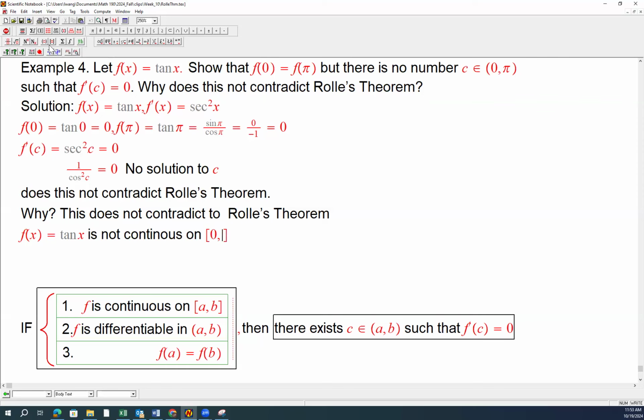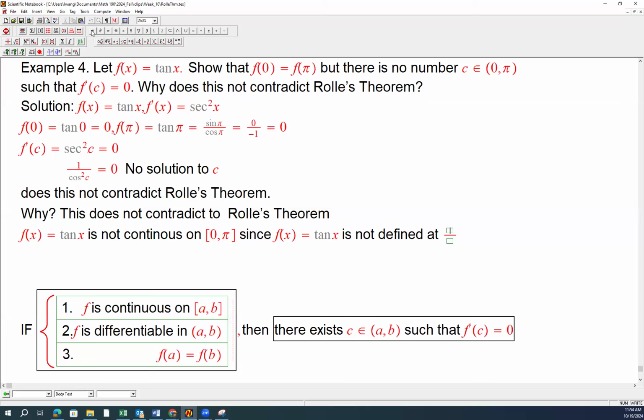Why? Because between 0 and pi, the function f equals tangent x is not defined at pi over 2. Pi over 2 is a number inside the interval.